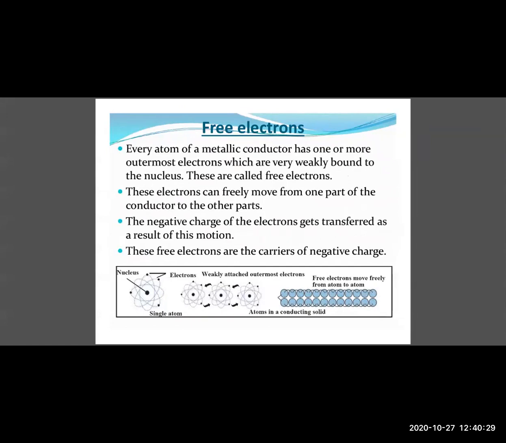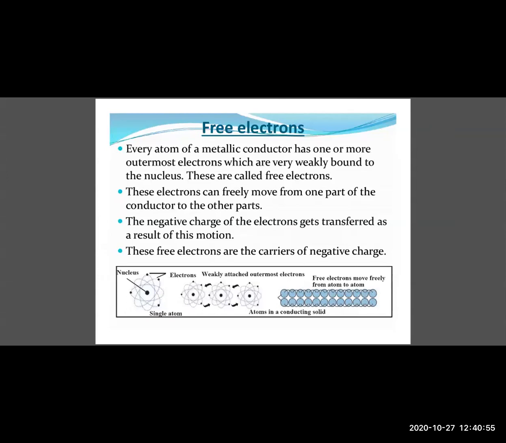That means these electrons can be removed from those atoms very easily because there is very little force of attraction between the nucleus and them. These electrons are called free electrons. And these are the electrons which are responsible for the flow of electricity in substances like metallic conductors.